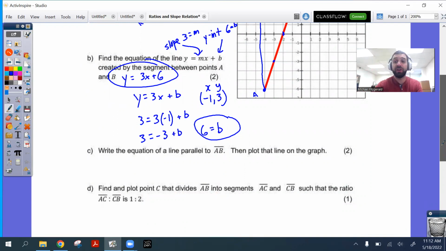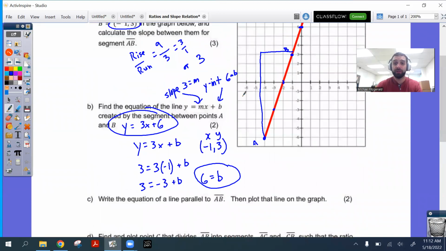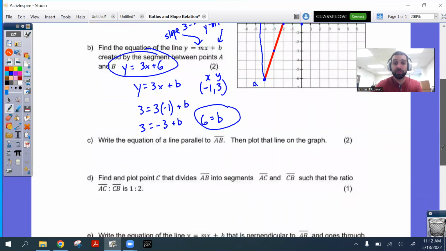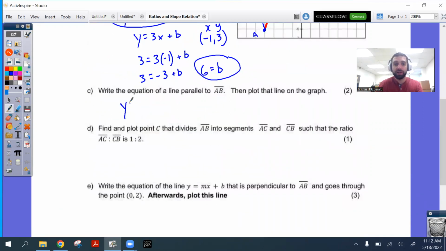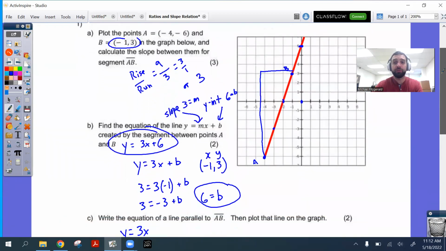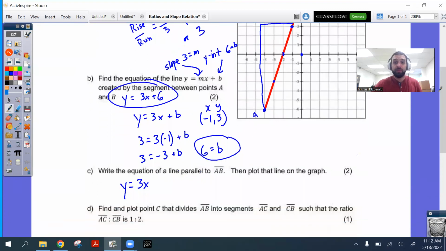Well, I think the easiest line to do is one that has a y-intercept of 0. So we know our slope is going to be 3, so y is equal to 3x. If it was going to go through the origin, that y-intercept would be 0, so I can do y is equal to 3x plus 0, or just keep it as y is equal to 3x.